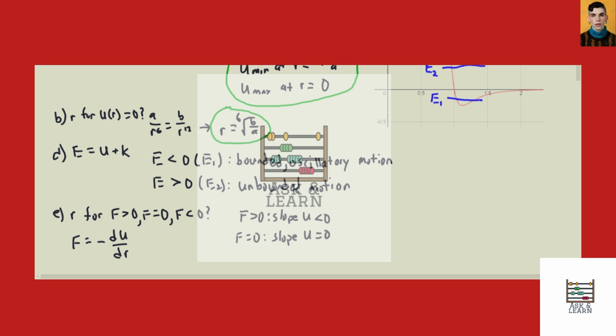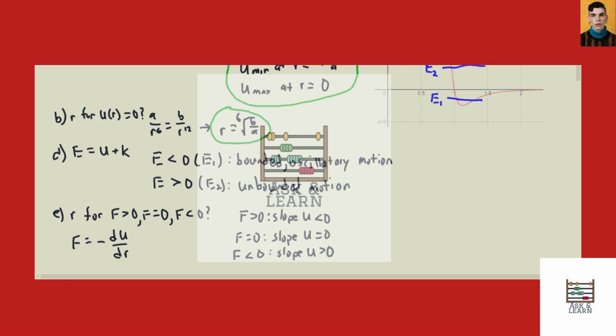That's going to occur at that minimum point. And for an F less than 0, we will want the slope of u to be greater than 0. Right? And so that's going to occur anywhere to the right of our minimum point.